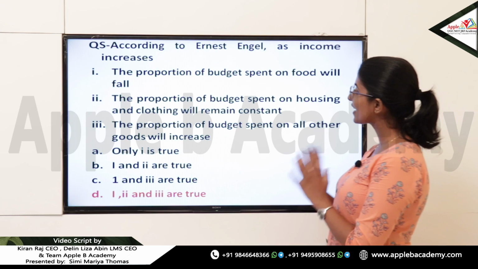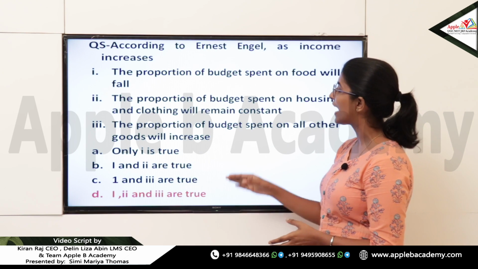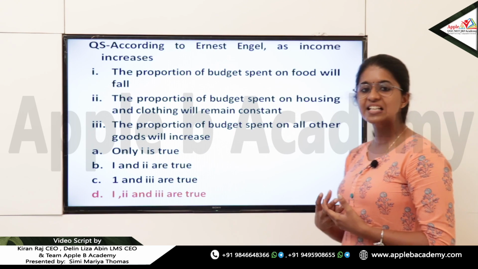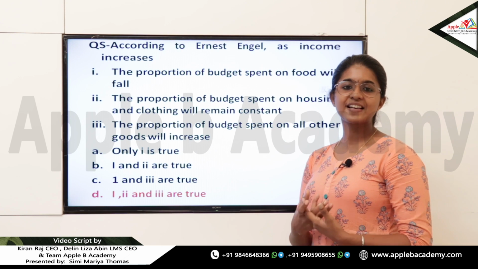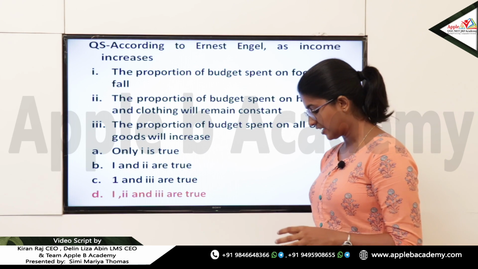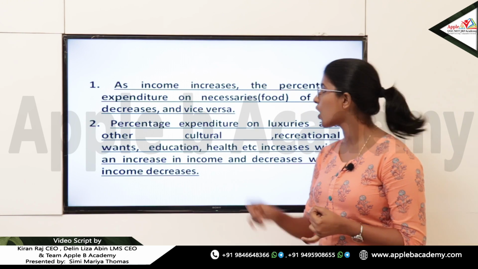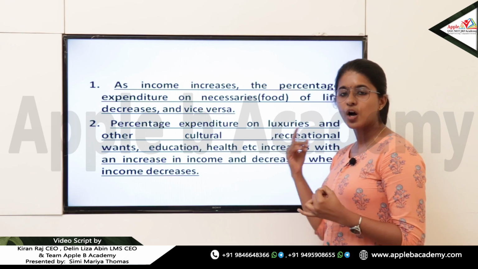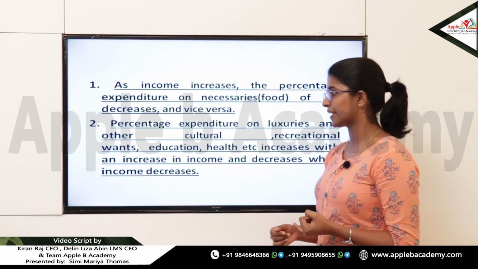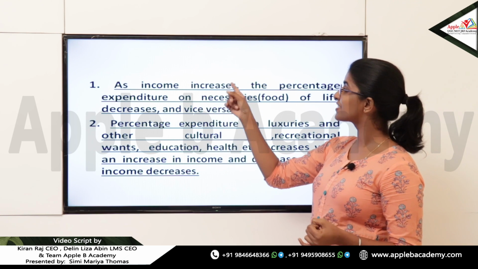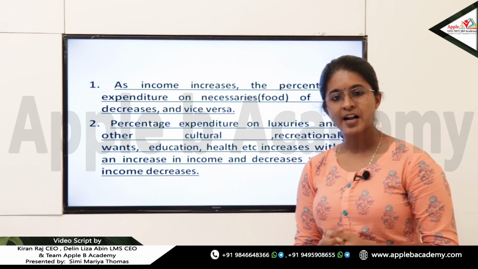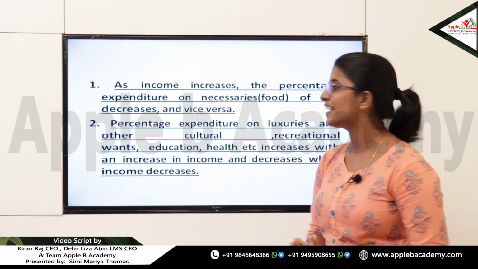Here the correct answer is that 1, 2 and 3 are true, because of the conclusions that can be drawn from the Engel curve. When income is increasing, the percentage expenditure on necessaries like food will be decreasing, and when income is decreasing, the percentage spent on necessaries of life like food will be increasing.